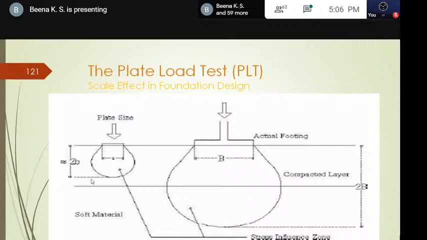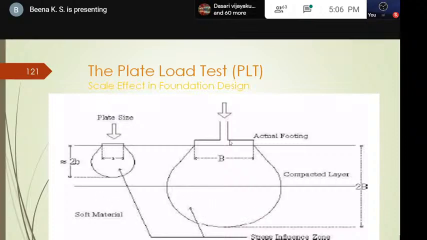If there is any soft material below this layer, that will not have any effect on the result of this plate load test. So if you use a small plate and a bigger plate, the result will be different.